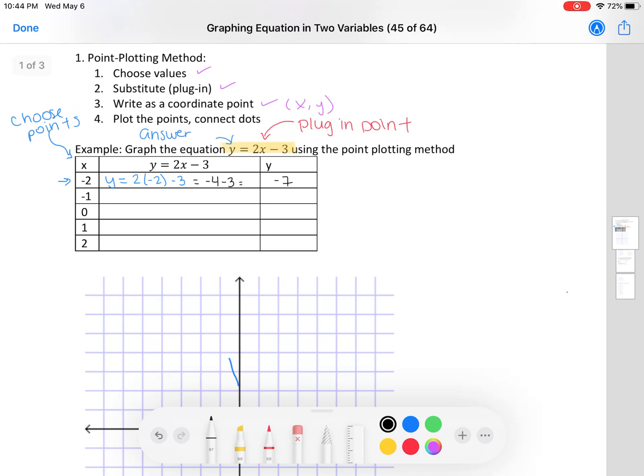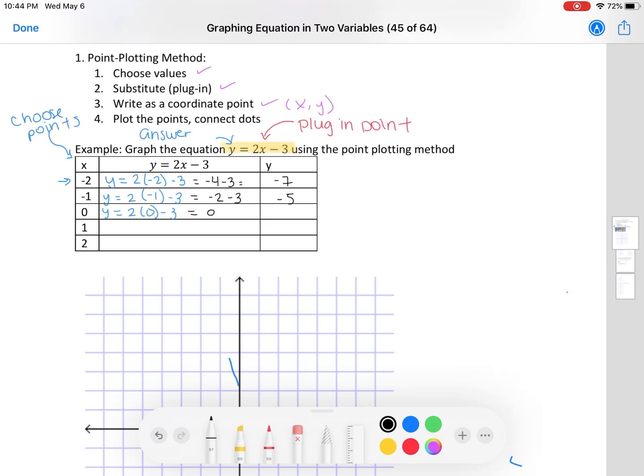And that's our y. Now let's go ahead and plug in negative 1. So y is equal to 2 times, instead of x, I'm going to write negative 1, and I have a minus 3. I work that out. 2 times negative 1 is negative 2. Minus 3, we get negative 5. Next, y is equal to 2 times 0 minus 3.